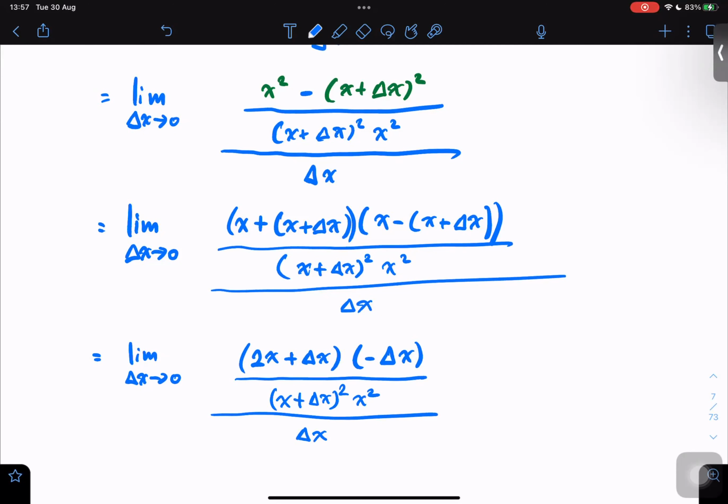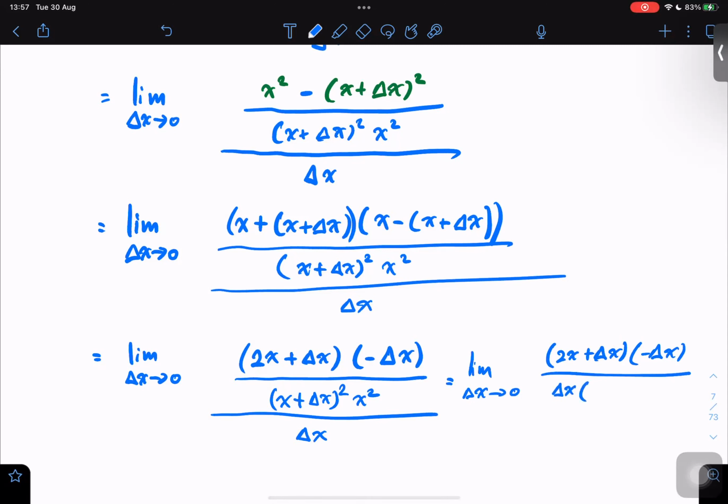From this you can rewrite it like this, the limit of 2x plus delta x and minus delta x over delta x times x plus delta x squared x squared.